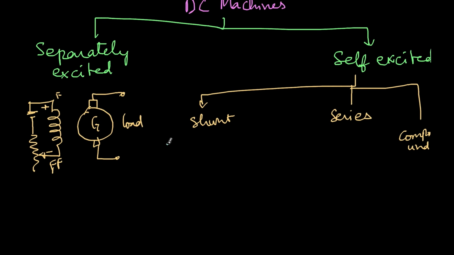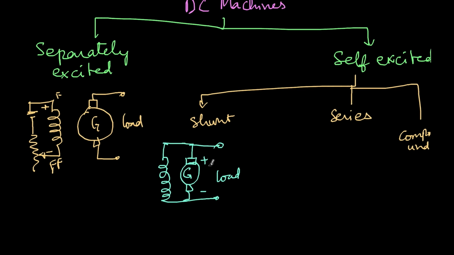In the shunt winding, it is like this. The shunt winding is connected directly across the armature winding, and here there is a load. Whenever the armature is generating a voltage, that voltage is applied to the field. Therefore, there will be a current in the field and the field will work normally.